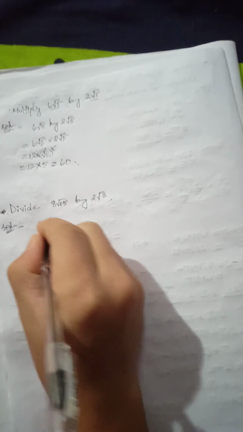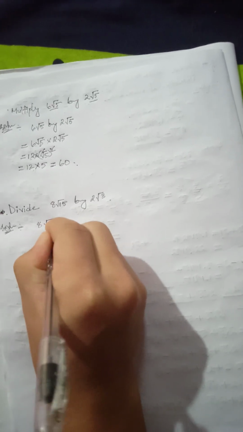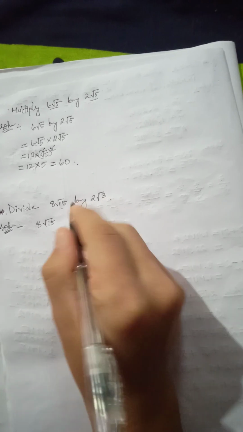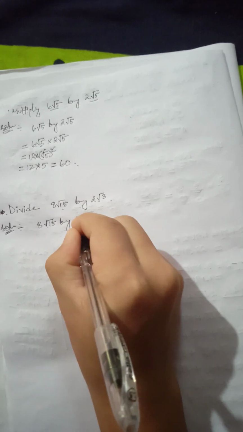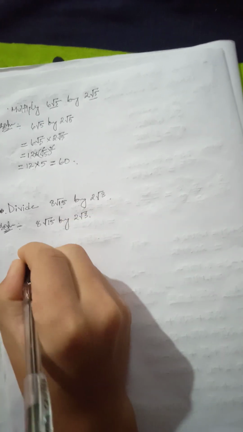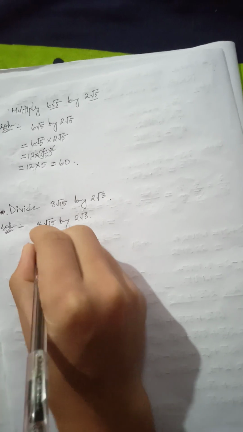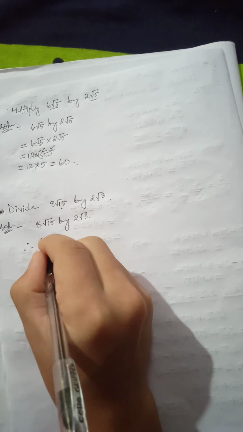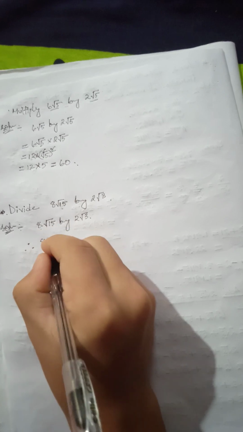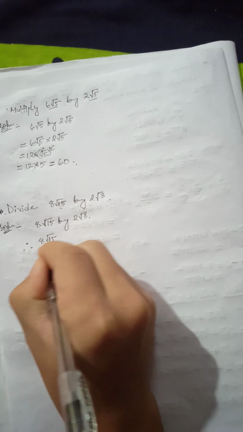So what do we have in example 15? We have to divide this number by this, by 2 root 3. Therefore, the one that you are going to divide, you keep on top, divided by 2 root 3.